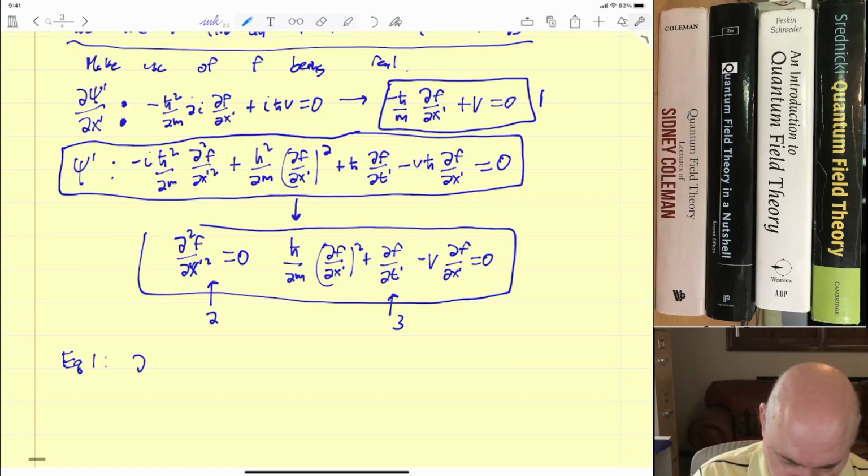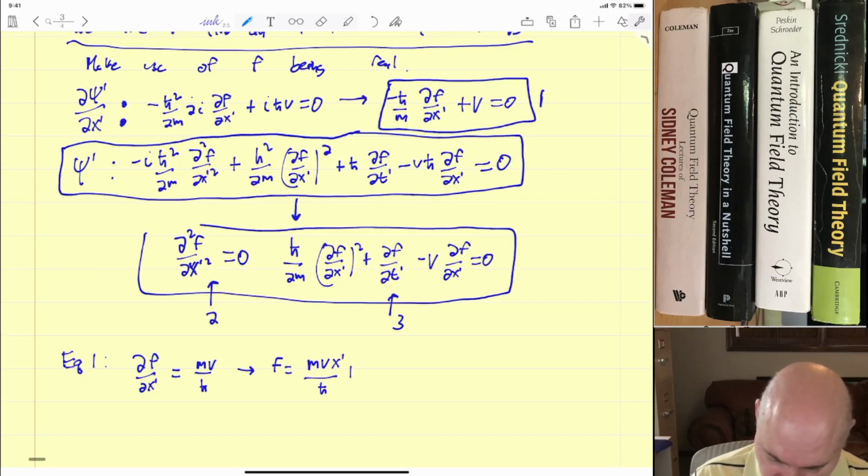Equation 1, we can rewrite as the partial of f with respect to x prime is equal to mv over h bar. So this implies that f is equal to, this is just constants, mv x prime over h bar plus some function of t prime. Okay, so that's good.